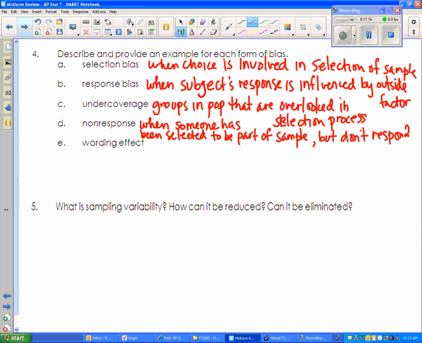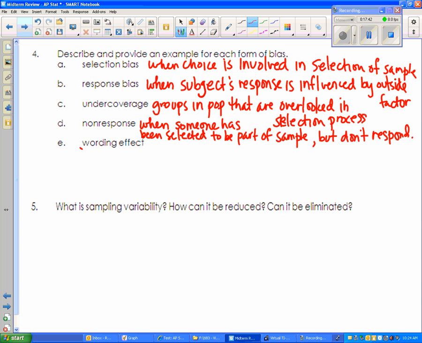So for example, if I'm doing a survey and I send the survey out to 100 people, those 100 people have been selected to be part of my sample. If I don't get that survey back from 30 people, then that's non-response. And we do estimate that I think it's like 28 to 30% of people don't respond to surveys, so there usually is a high degree of non-response with any kind of sampling design that we do.